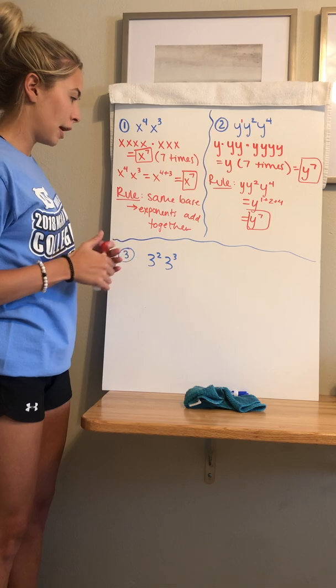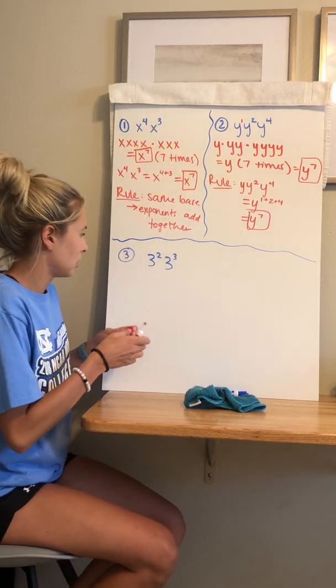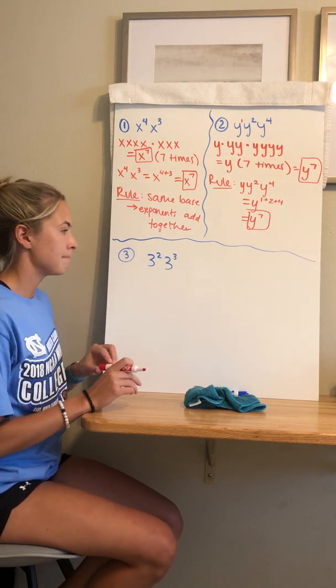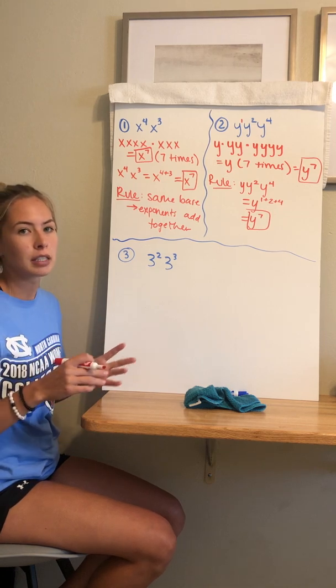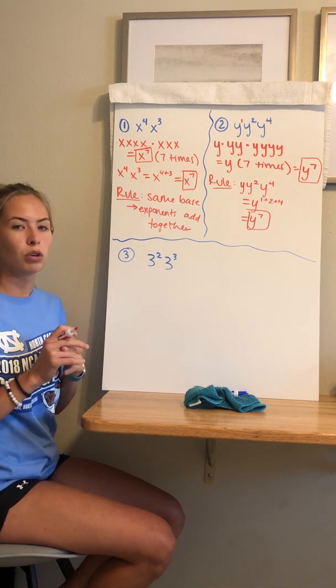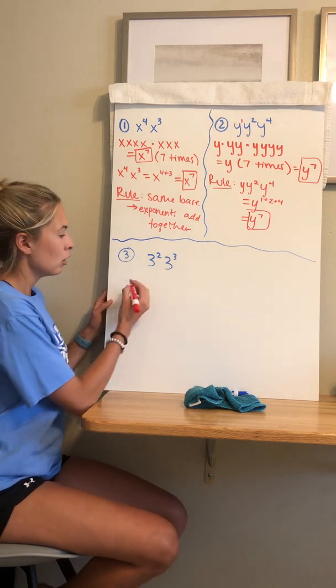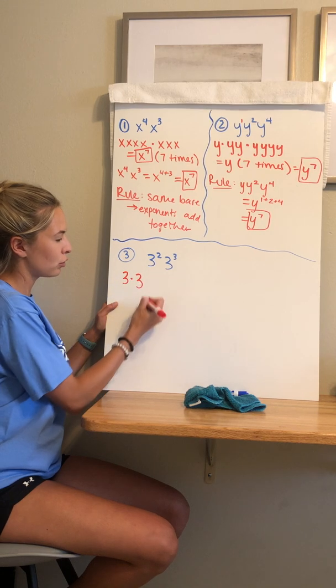Okay, one last example. Let's see, our third example. Again, we have the same base of 3. I'm going to go ahead and expand this one more time, and in part B of this whole lesson, we'll give you a little more freedom to try these without expanding. So expanding, we have 3 times 3.